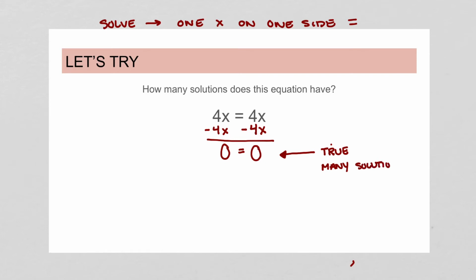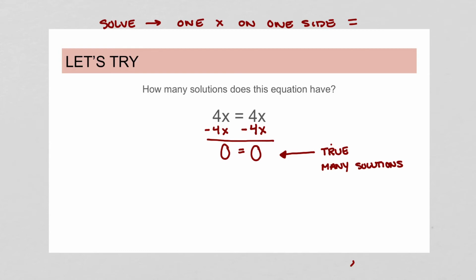Now, what does that mean? Well, if we look at it logically, whatever's on the left side is equal to whatever's on the right side. So if I multiply both sides by x, I'm going to scale that at the same rate, right? So if I took 1 times 4 on the left side and 1 times 4 on the right side, I'd still have 4 on both sides. I'd still be even.